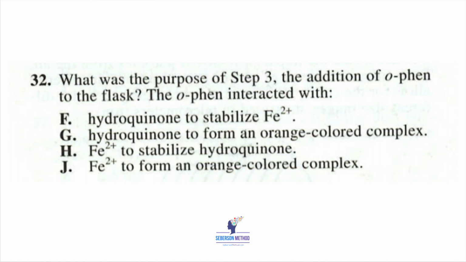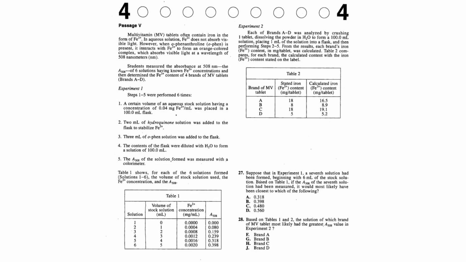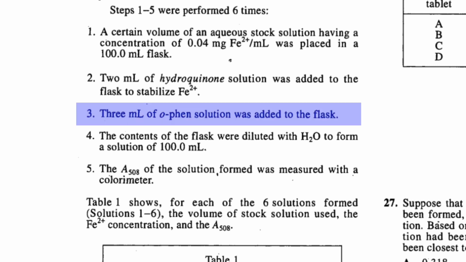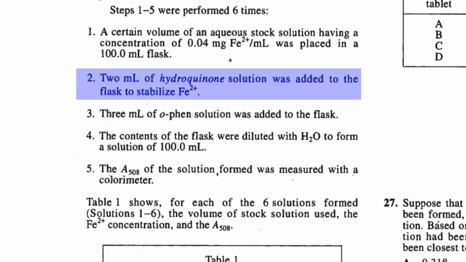So we're going to go to the passage and look. This was from a recent A09. Step 3 is one of our keywords. So is O-fen. So we're going to see that 3 milliliters of O-fen solution was added to the flask, but we don't really get any information about why. So if we look at step 2, the 2 milliliters of this was added to the flask to stabilize Fe2+, the ion.